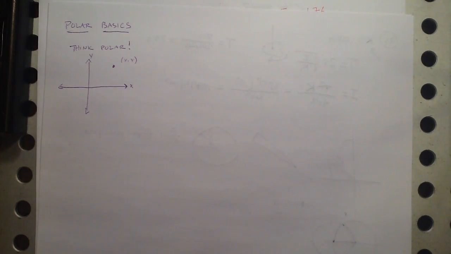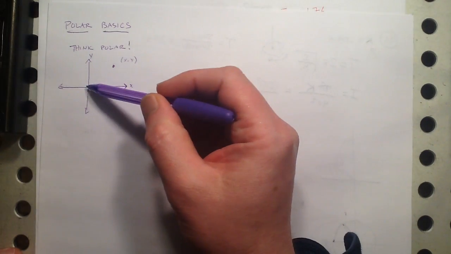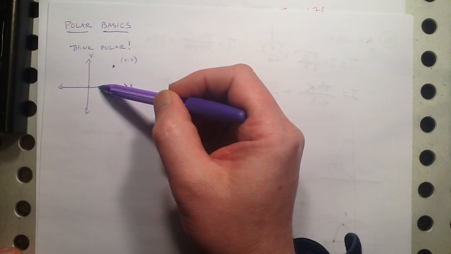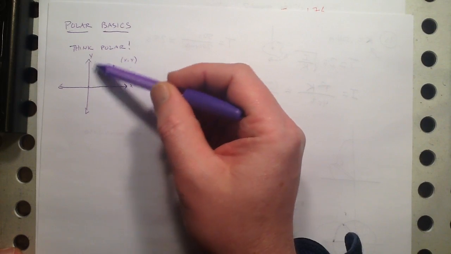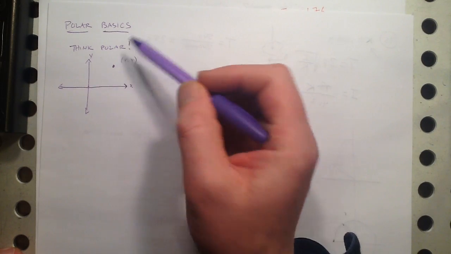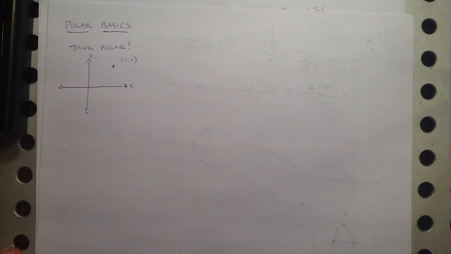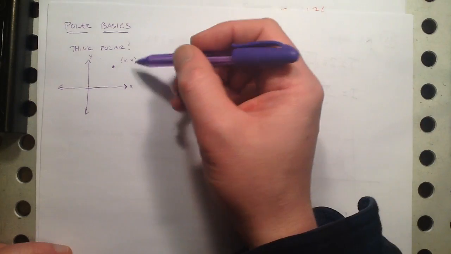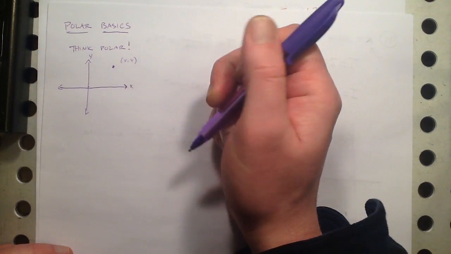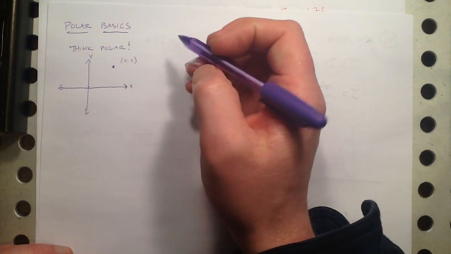All of our functions rely on this idea that y equals some kind of function of x, and that tells us for any x value that we plug into the function, this is the y value that goes with it, and we draw curves to represent those sets of ordered pairs, and we're pretty comfortable with that. But that's not the only way to locate a point in two-dimensional space.